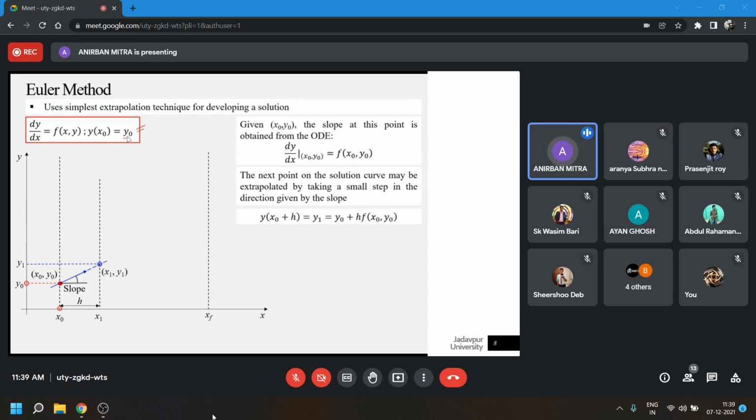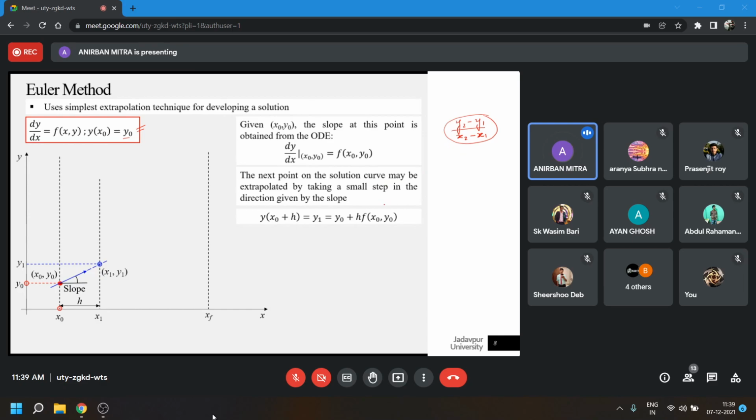What would be the value of y1? y1 would, of course, be equal to y0 plus h into the slope. We know that slope is usually given, in coordinate geometry, by something like this. That is basically the formula of slope.